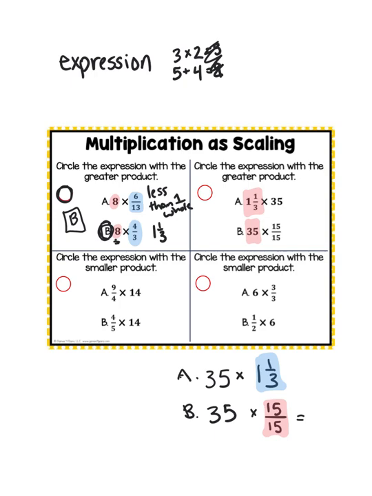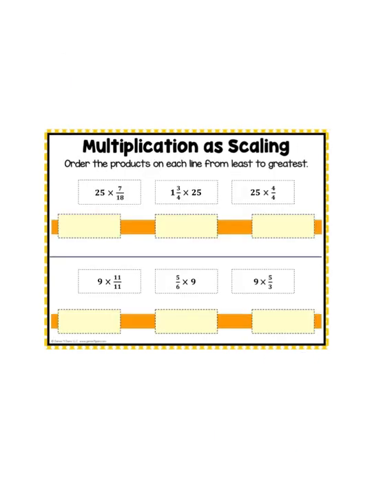So if I multiply 35 times something that is greater than 1 whole, I'm going to have a product that is greater than 35. So I'm going to select A here. Okay, you guys go ahead and finish these items on your own. There's 2 more items for you to do here, and then we'll take a look at the next slide.